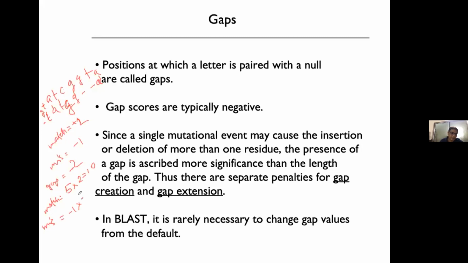So 1 mismatch, so -1. And then the number of gaps we found is 1, 2, 3. So that's 3 times -2, -6. The total score between these two alignments is 10 minus 7, which is 3.